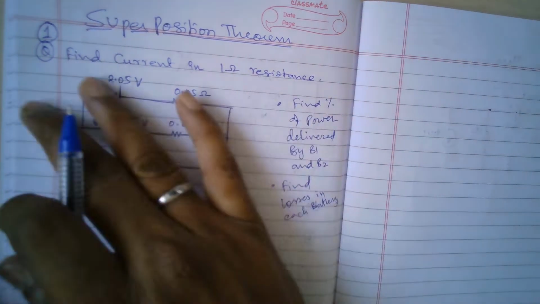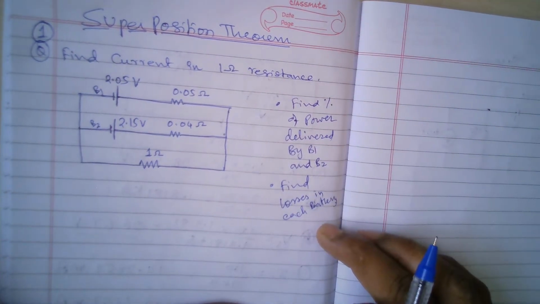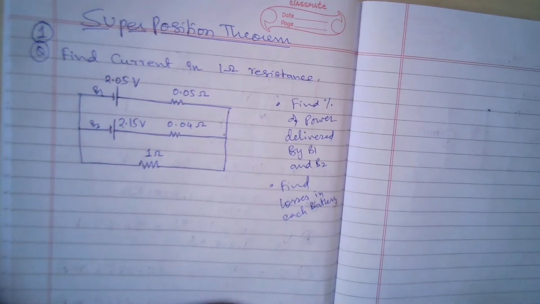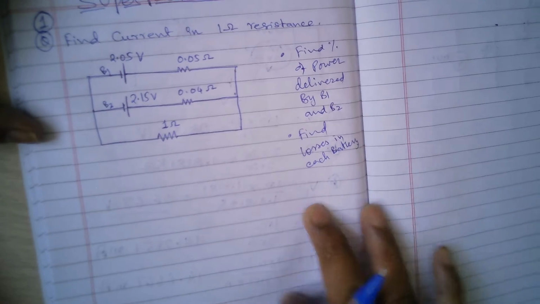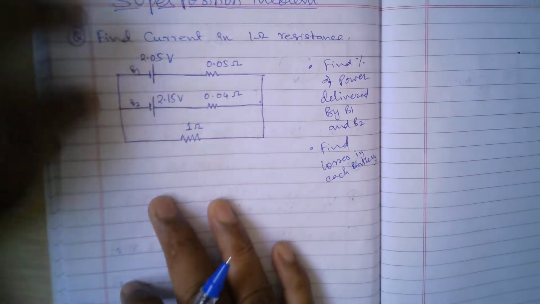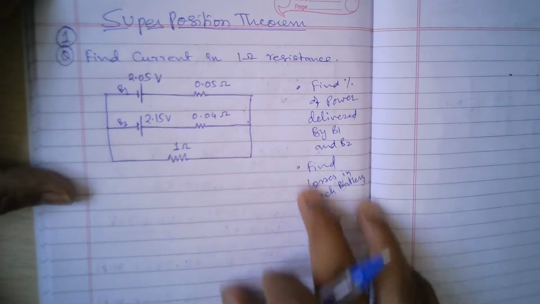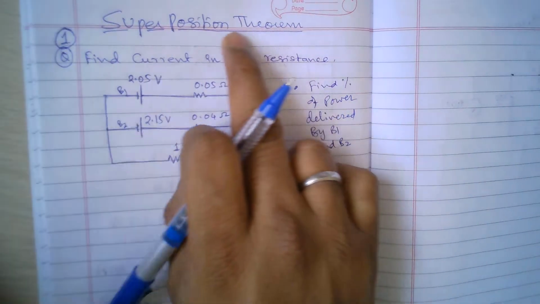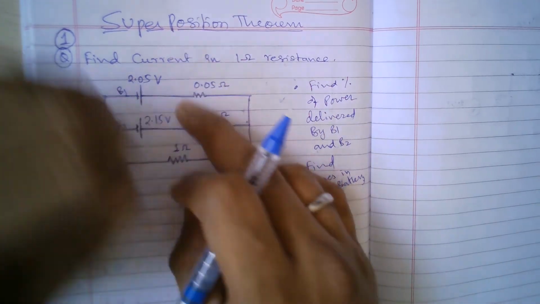Just as I was seeing this question, I got some new thought, so I upgraded the question like this. We keep doing these kinds of things because my intention is to improve your understanding of the overall thing. Okay, so what is superposition theorem? Basically we are superimposing, or overlaying.